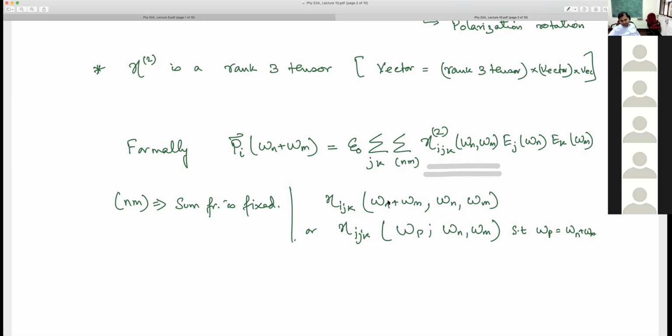So the omega n plus omega m is explicitly written to denote that the final answer will depend on this. The reason it is written is that when we calculate, you will see that the final polarization will oscillate with this frequency, e to the power minus i omega n plus omega m t. So this is the frequency for this omega n plus omega m oscillating term, basically. So that is what this notation denotes.